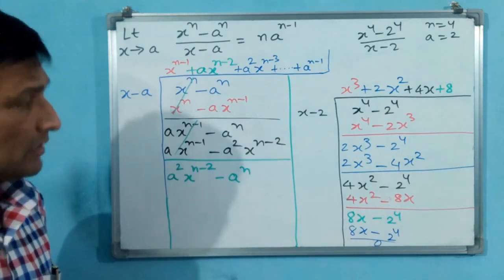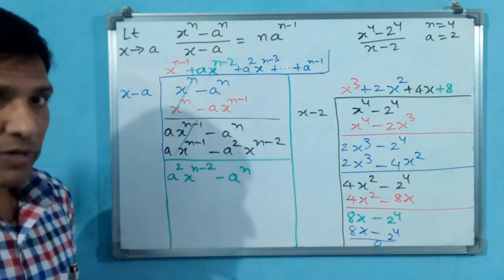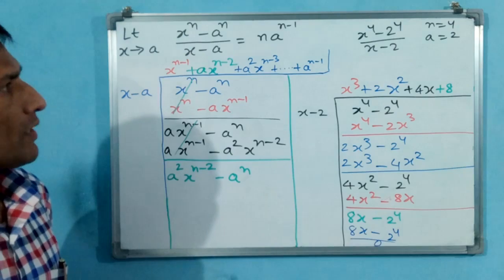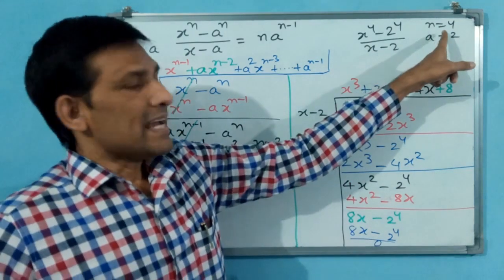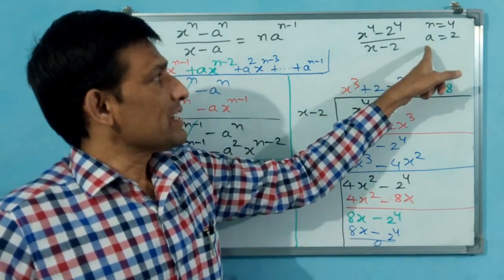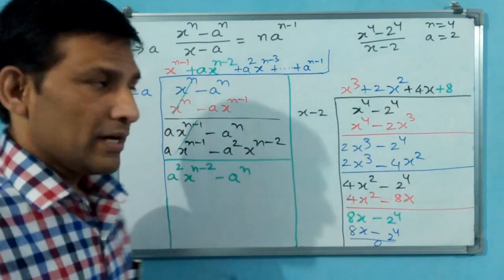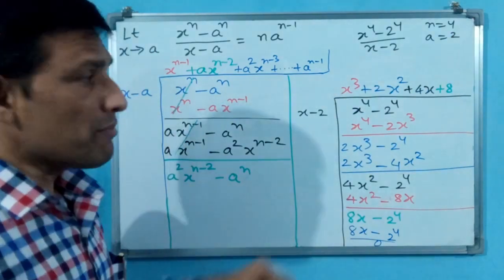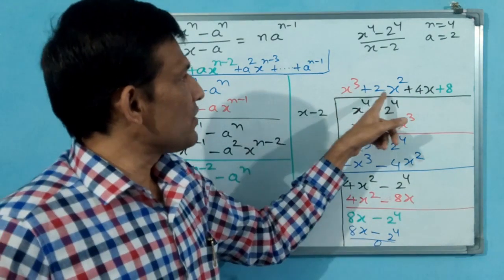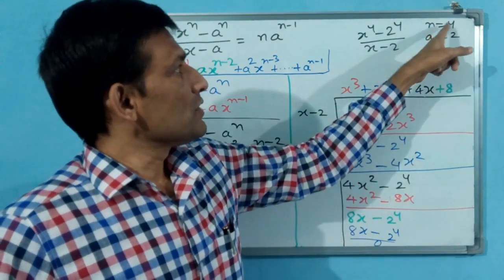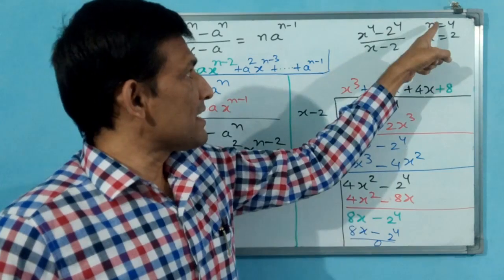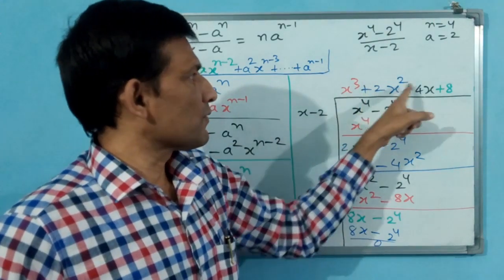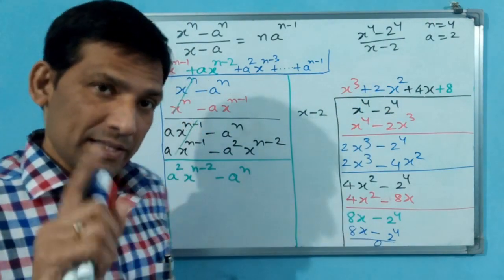Here 2-3 points you have to note down. What is n? N is 4. What is a? A is 2. Now you compare these two first. Then I will tell the number of terms also. How many terms have come? 1, 2, 3, 4. N is 4, so the number of terms is 4. That is one point.